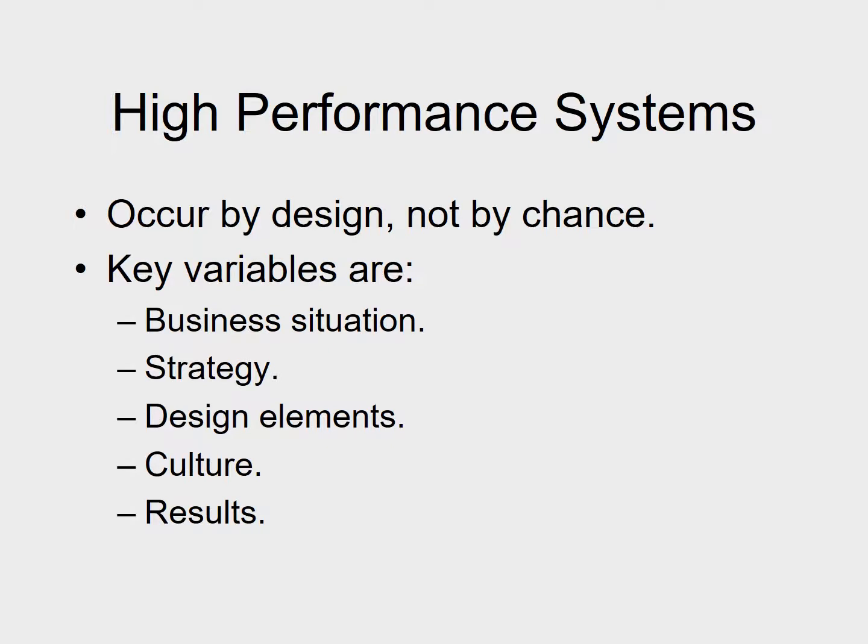So another thing we often talk about in organizational development is the idea of high-performance systems. And a high-performance system rarely occurs by chance. Generally, a high-performance system has to be designed. And again, a high-performance system is just a good buzzword to talk about.